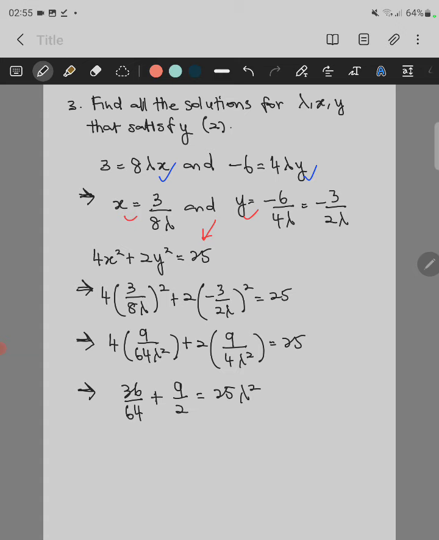So from here, I can just times with 32, right?